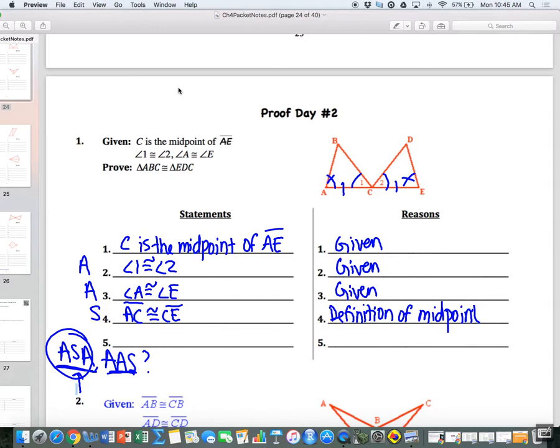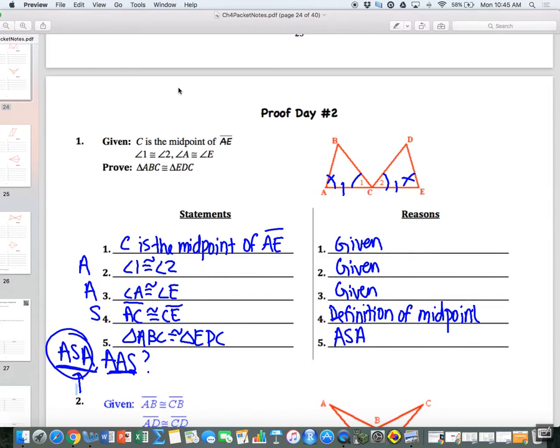So we now can say triangle ABC is congruent to triangle EDC by ASA. Questions? No? Okay, proof 2 I think is particularly easy, so we're going to skip that one.